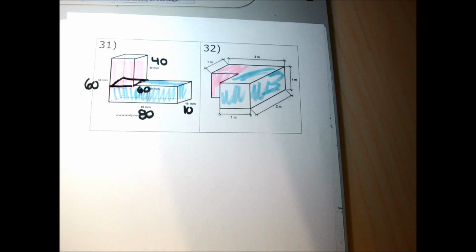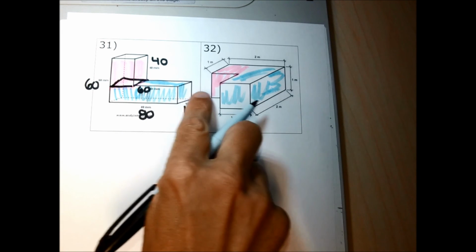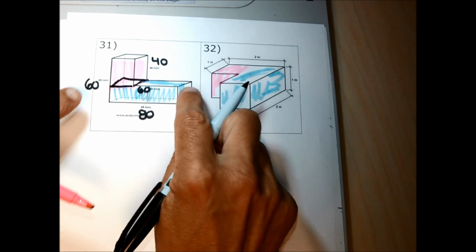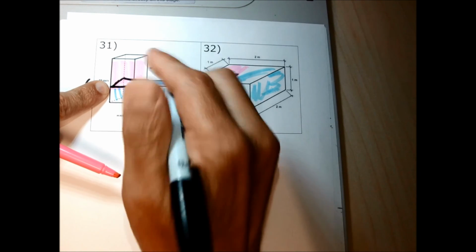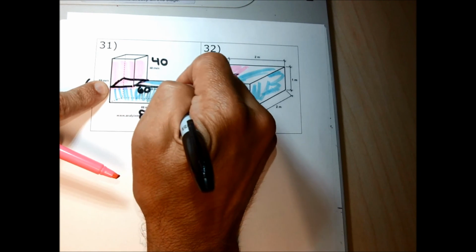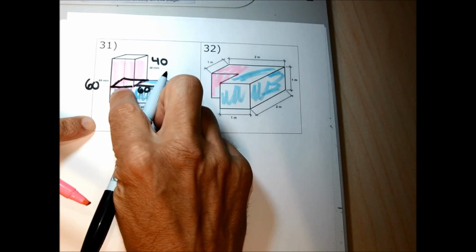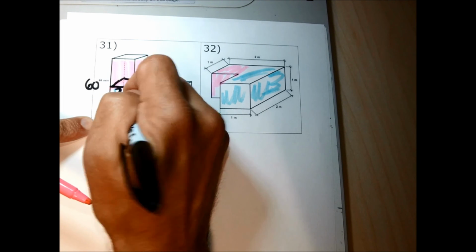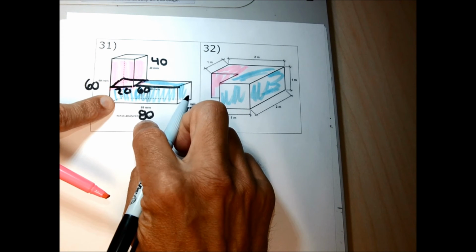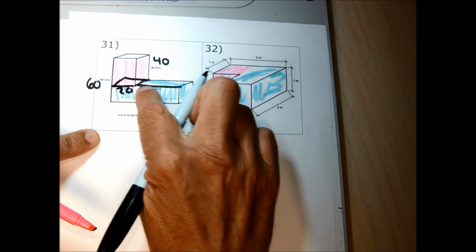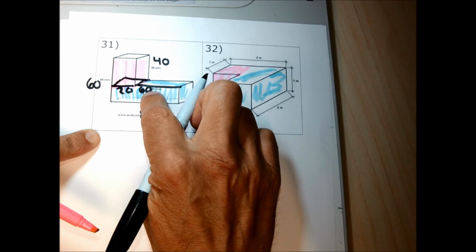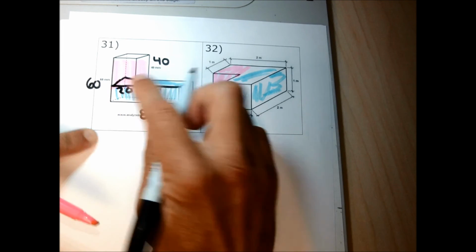I definitely don't, because this whole length across is the same as this. This whole length on this is 80, and from here to here is 60. So this little segment right here is an extra 20, because these 2 lengths together have to add up to the 80, because the 80 is the distance all the way across this top, and 60 of it was marked out. 20 is the other one that I need to do.